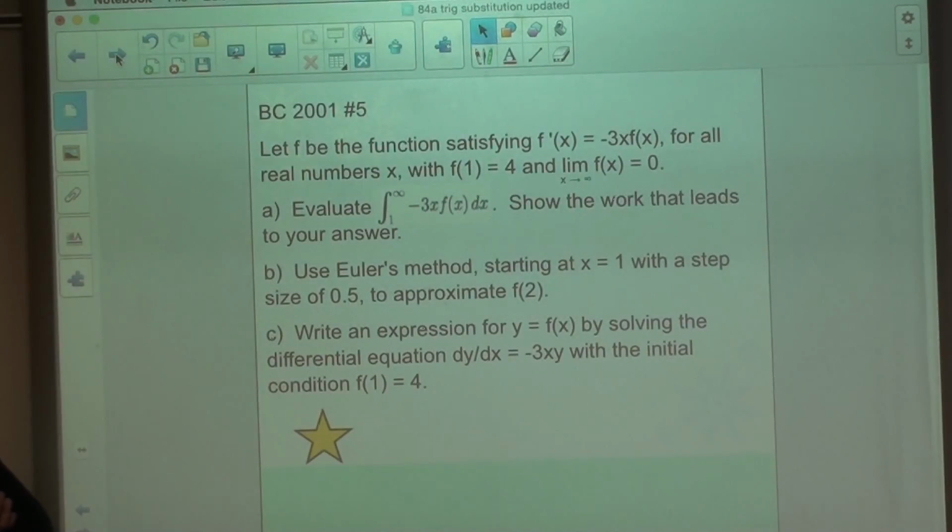So, let f be the function satisfying f prime equals negative 3x times f of x for all real numbers x with f of 1 equals 4, and the limit as x approaches infinity of f of x equals 0. Part A is something you haven't learned yet.